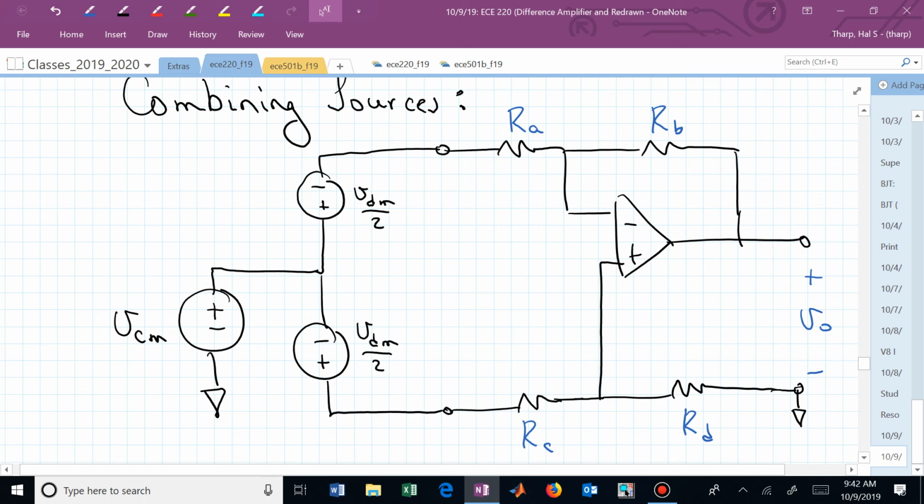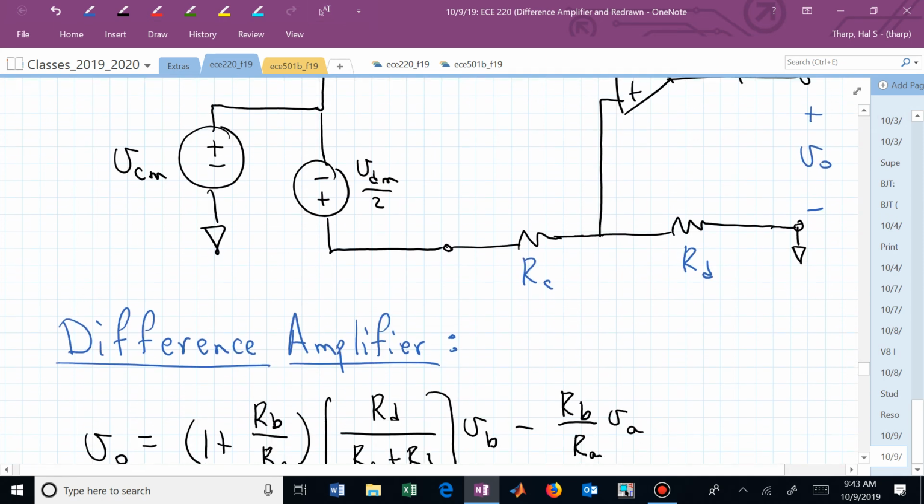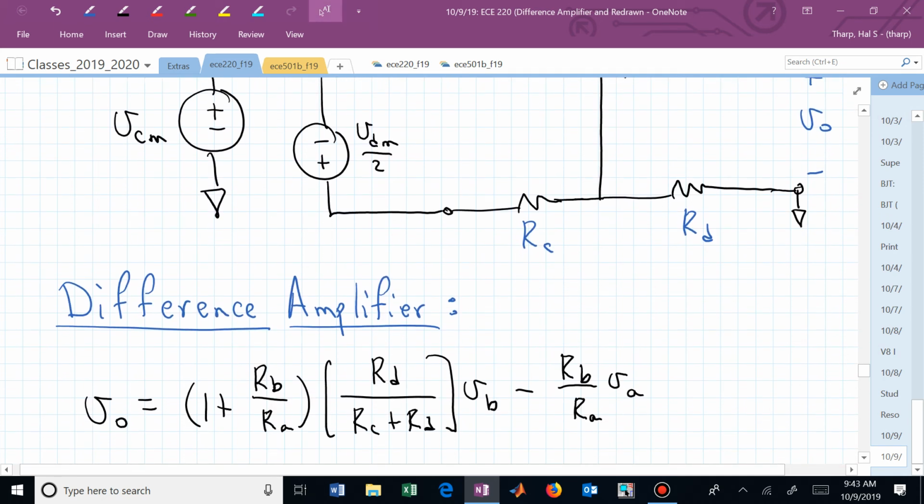And I have my differential, or my difference, amplifier on the right. And I know that you've already committed to memory this expression. There's V sub O. It's the non-inverted piece and the inverted piece.